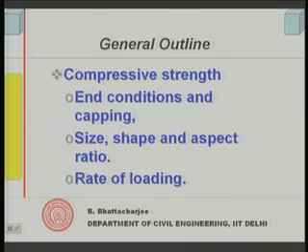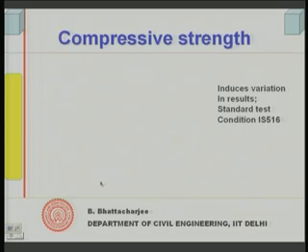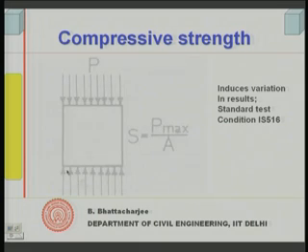compressive strength, the factors that affect the compressive strength measurements, namely end condition and capping of the specimen, size, shape and aspect ratio of the specimen, rate of loading, moisture condition, etc. Compressive strength, let us see how we measure.